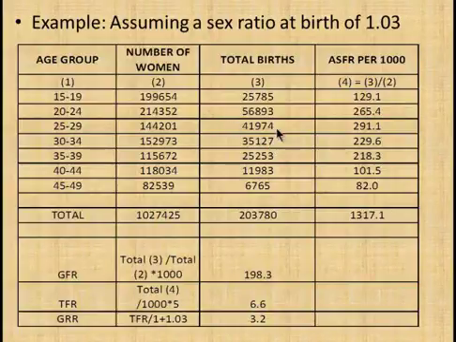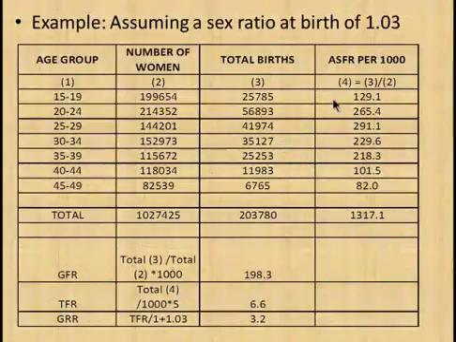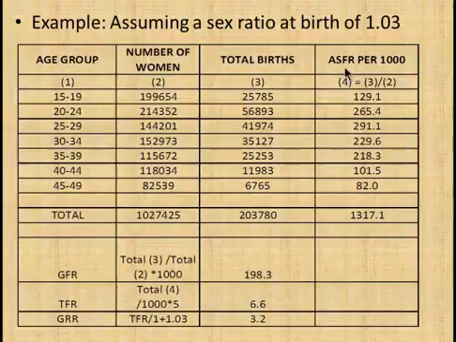So we are going to start with the age-specific fertility rates. For you to find the age-specific fertility rates, you simply divide this number by this number, and then you do the same for the rest of the columns.